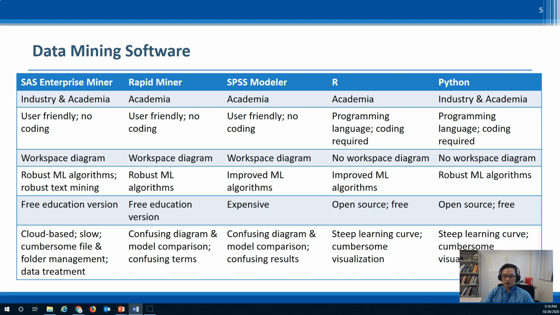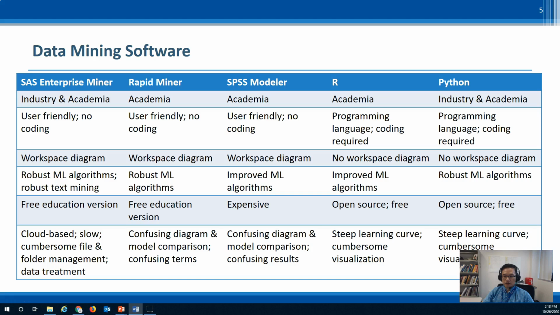Furthermore, international students and researchers might face difficulties in accessing shared folders if they log in from other countries. From my experience with SAS Enterprise Miner, it takes the longest to open the software and open the project. Once that step is done, things tend to go through rather smoothly.